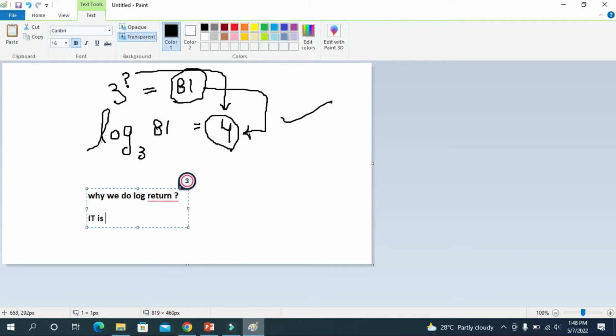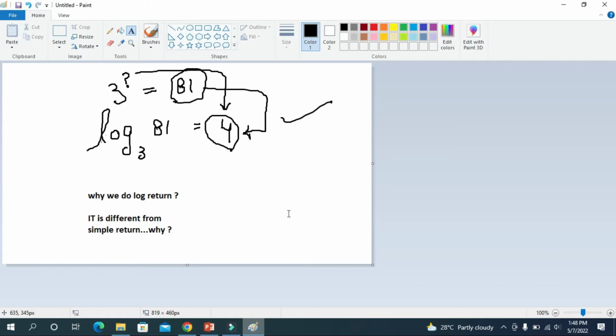It is different from simple return, because when log return is calculated in parallel to simple return, the log return always provides a normal distribution, or in most cases we have the normal distribution by calculating the log return.